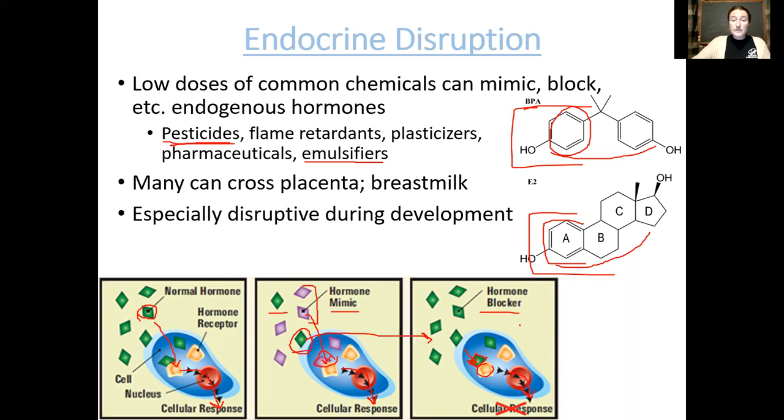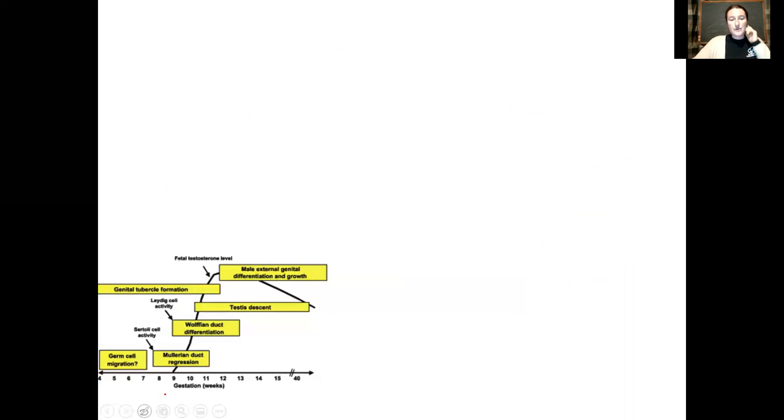These things are especially disruptive during development. I want to show you this little graph here. This is gestation, so essentially weeks of a pregnancy. We can see that in about week number 9, the testosterone levels in the fetus, so this is a boy, are going to increase dramatically, right? So if mom interacts with lots of BPA and everything in this period of pregnancy, maybe it doesn't have a huge effect.